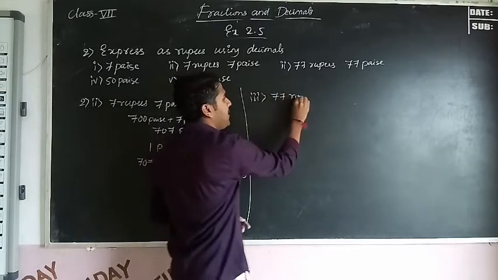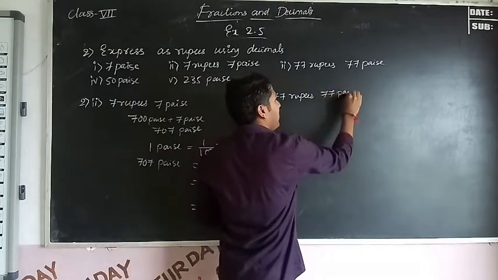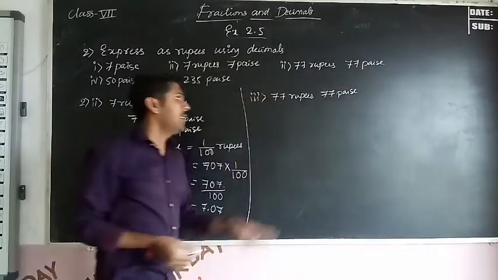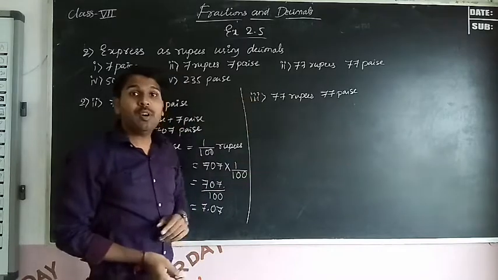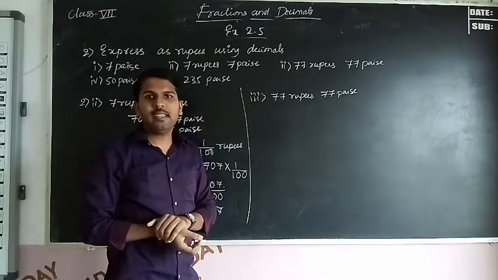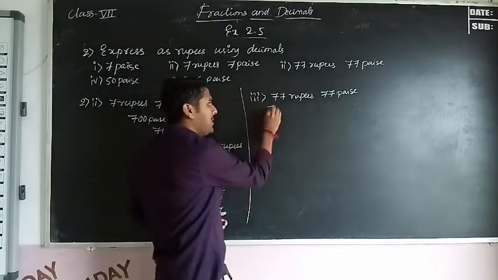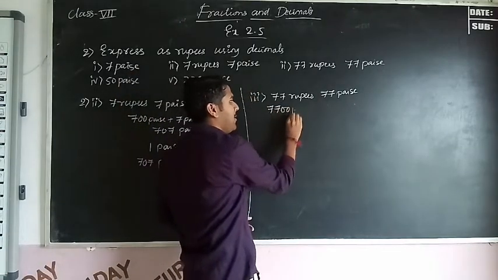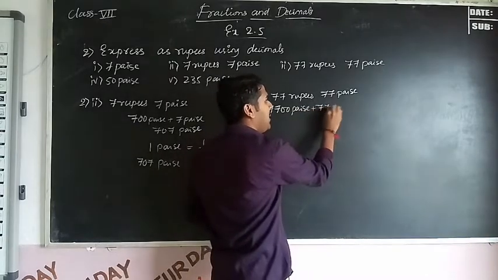Next, the third one: 77 rupees 77 paise. So 1 rupee equals how many paise? 100 paise. So 77 rupees equals 7700 paise, plus 77 paise.